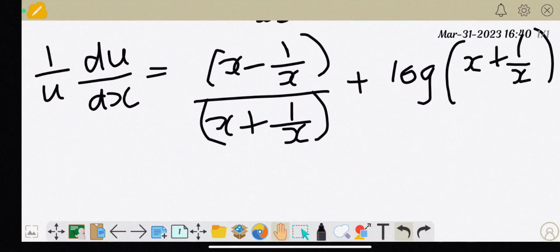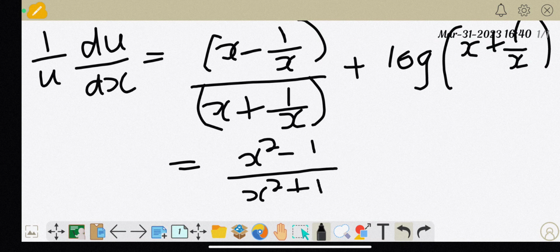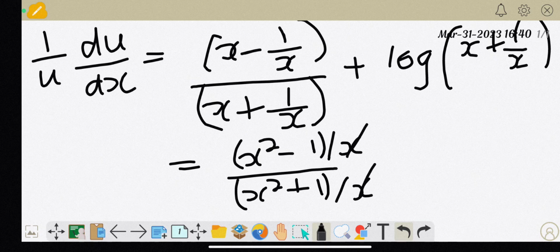So how can we further simplify this? Just try to take the LCM and try to eliminate the denominator. So if I take LCM there, it will be x square minus 1, here it will be x square plus 1, divided by x, and here also divided by x in the numerator and denominator. I can just cancel it, right?